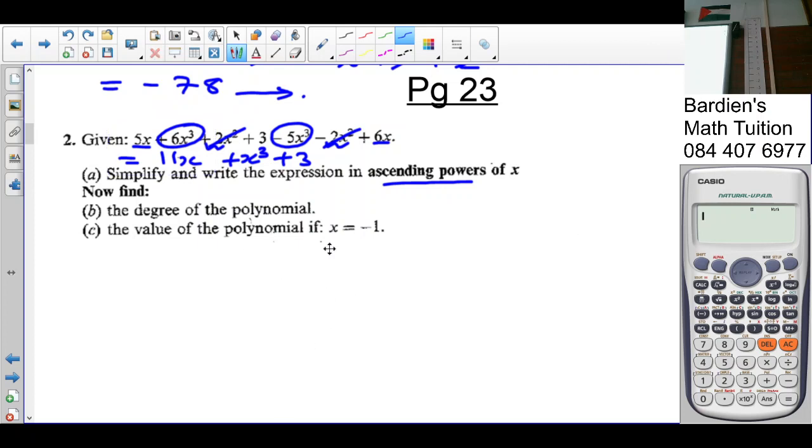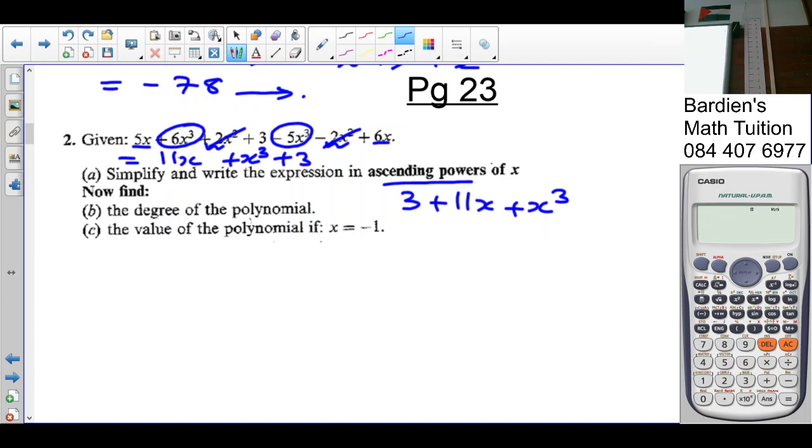If you've got 3 on its own, and I have to write the x next to it, that will be x to the power 0. So anything to the power 0 is 1. And 1 times 3 would remain 3. So to write this in ascending power is going to then be 3 plus 11x plus x cubed.